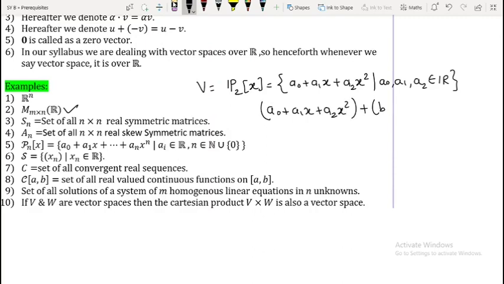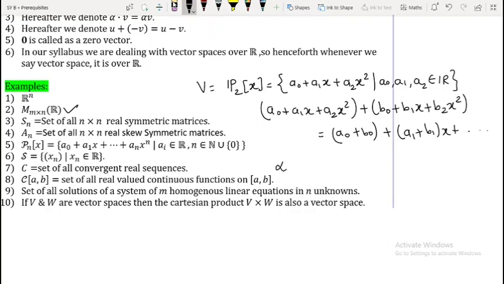Take a0 plus a1x plus a2x square, plus b0 plus b1x plus b2x square. Addition is simple, it is simply component wise, that is a0 plus b0, next one is a1 plus b1 times x, and you can guess the last term, that will be a2 plus b2 times x square. So this is about addition.